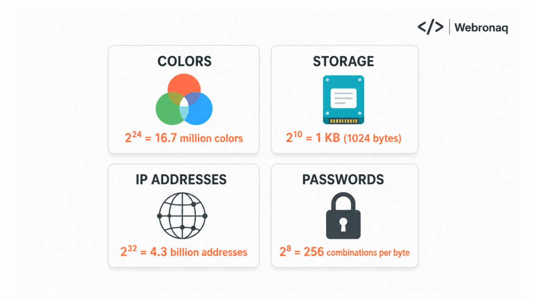The internet runs on this too. The older IPv4 system uses 32-bit addresses, giving us 2 to the 32, or about 4.3 billion unique IPs. And even password security depends on this. Every byte of a password gives you 256 possible values to guess from. So whether you're scrolling Instagram, watching YouTube, or sending a WhatsApp message, 2 to the n is quietly running in the background.